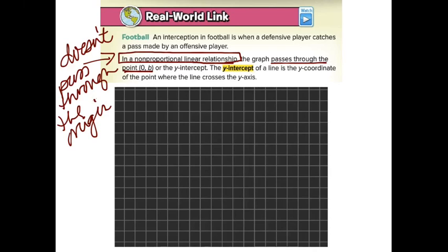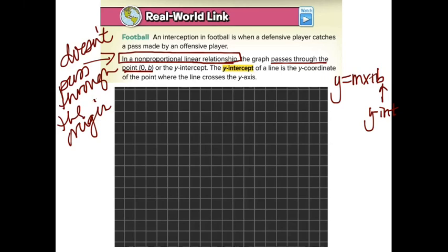Okay, you already knew from activity 2 that the b in the equation is the y-intercept. So if we had our equation y equals mx plus b, the b is the y-intercept. Okay, so you found that out on activity number 2.